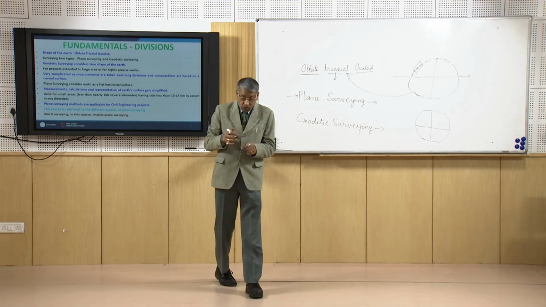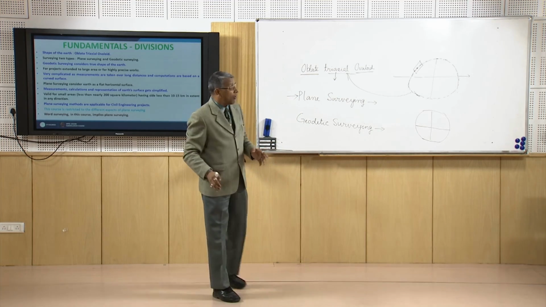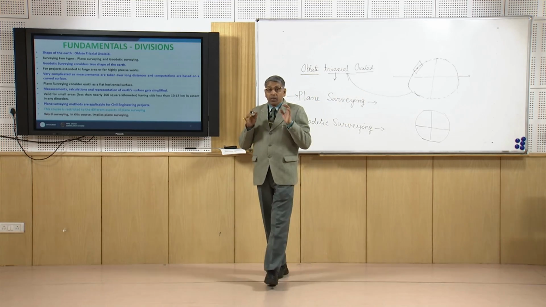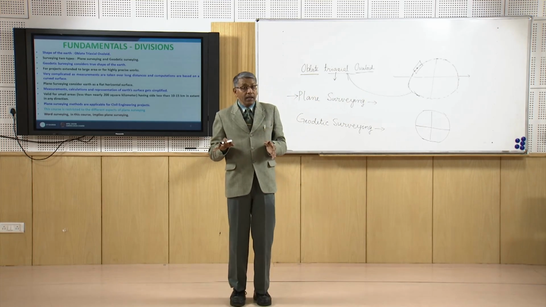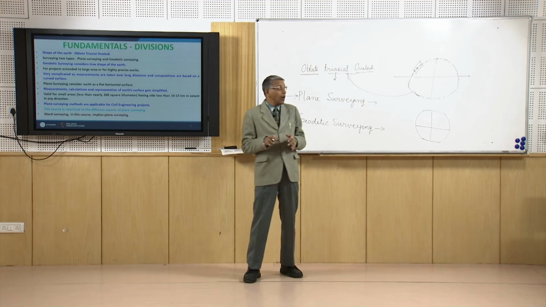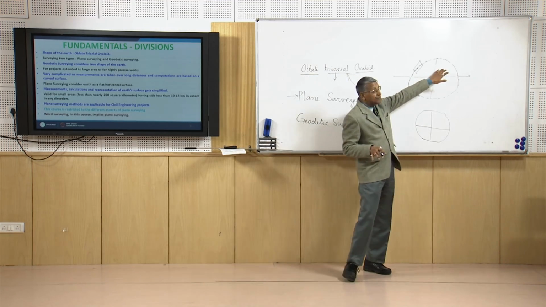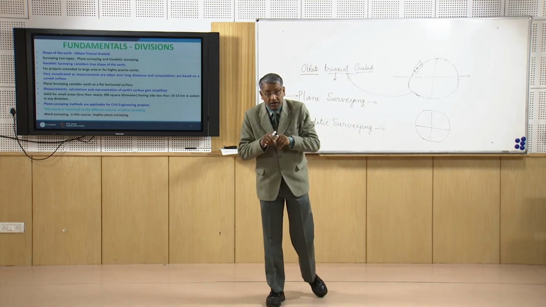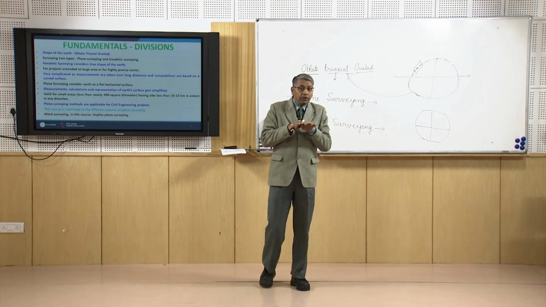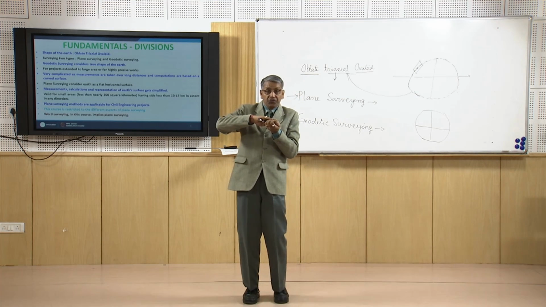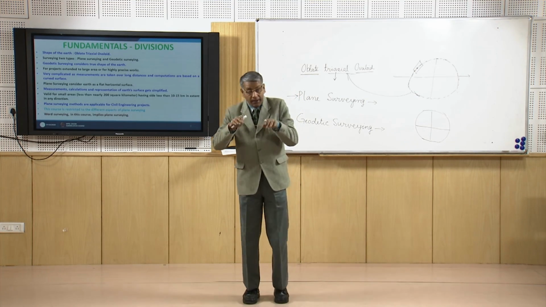So, in this course we will go for plane surveying. That means in this course we will learn how to carry out a survey on a surface of the earth which is small in extent. That means we will not have much difference whether the surface is curved or plane.